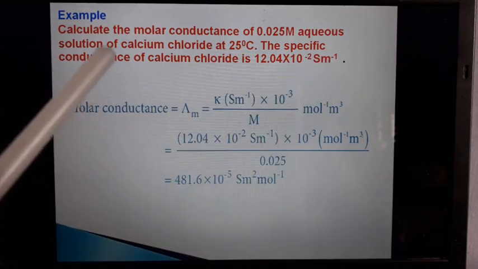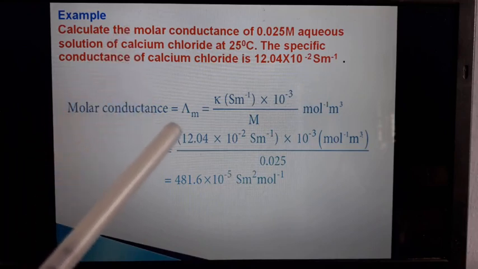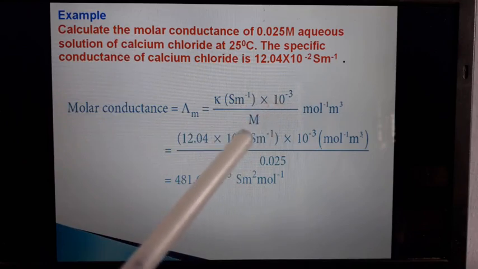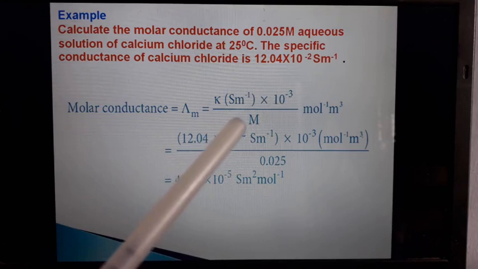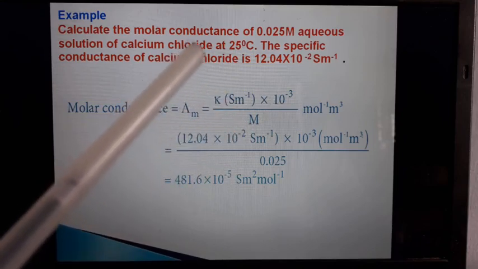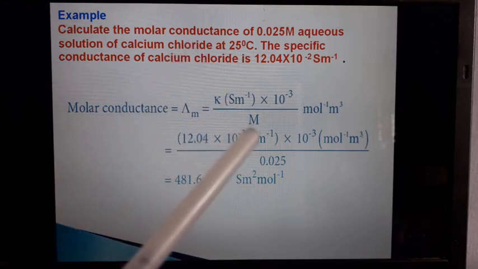So the molar conductance formula: lambda m is equal to kappa into 10 to the power of minus 3 divided by M, where M means the molar concentration.